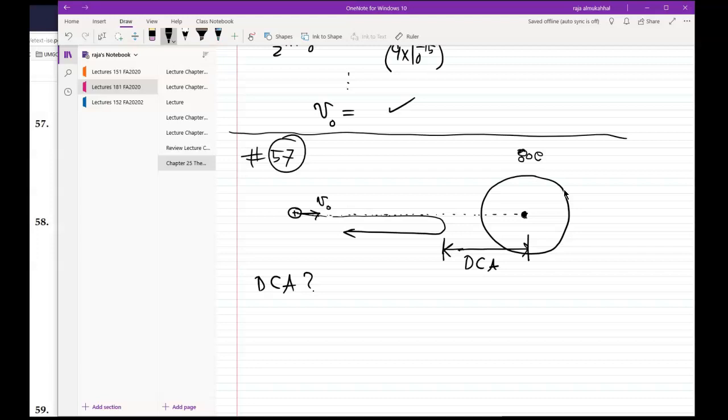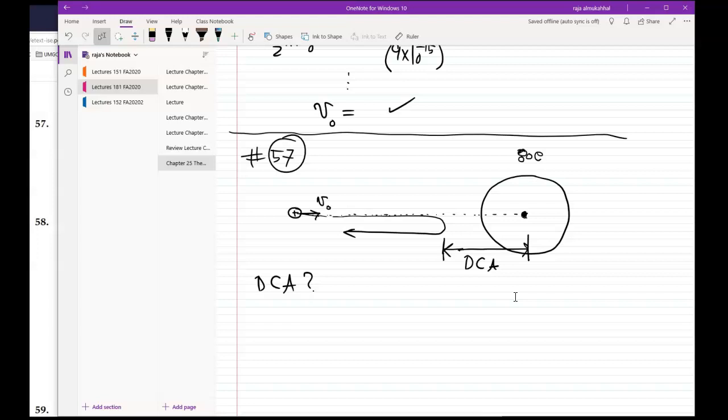These are typical problems that you do in nuclear physics where you want to reach a certain DCA for another reason. They don't want to bombard. If you would shoot the proton in it, you could actually split it into 2 elements, or the proton becomes absorbed in it and it will change the identity of this nucleus. But sometimes you want to shoot it up to a certain distance, called the DCA, for a good reason. Anyway, so what is that DCA?